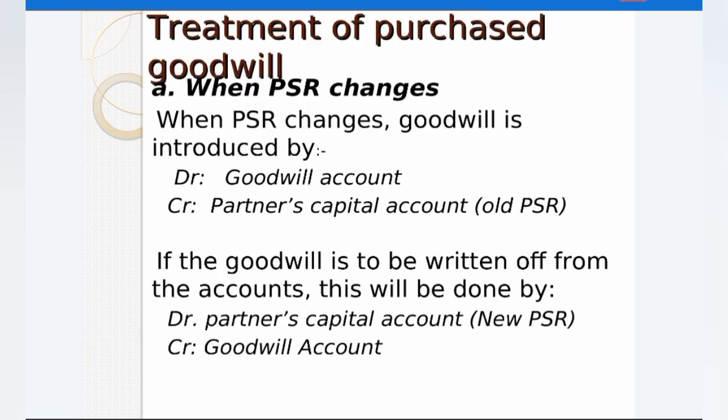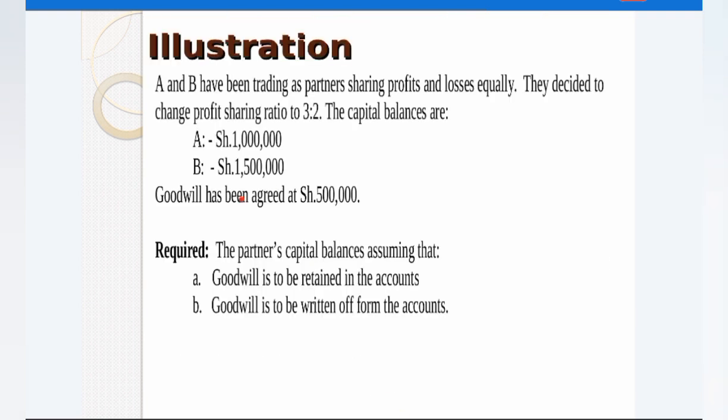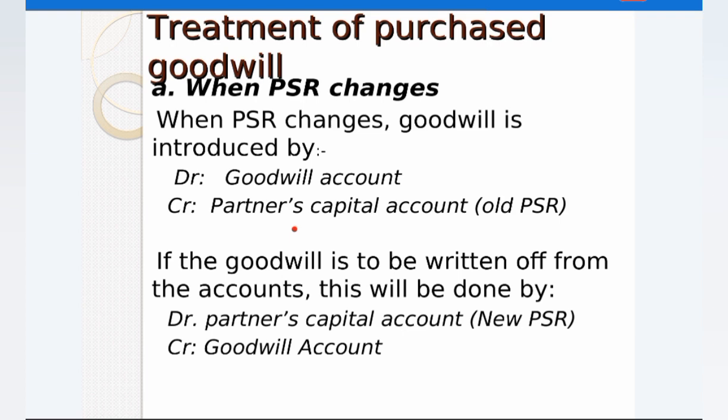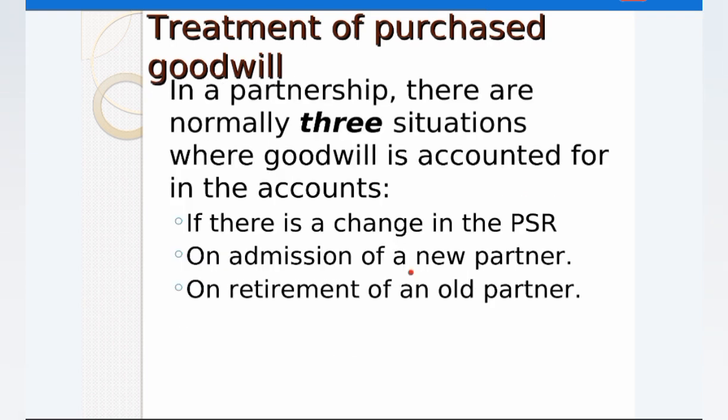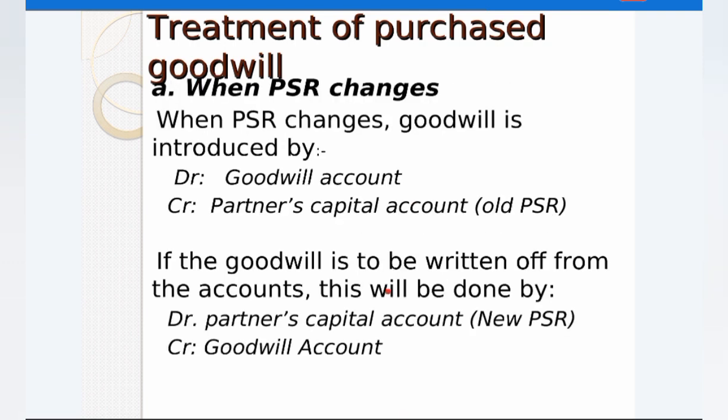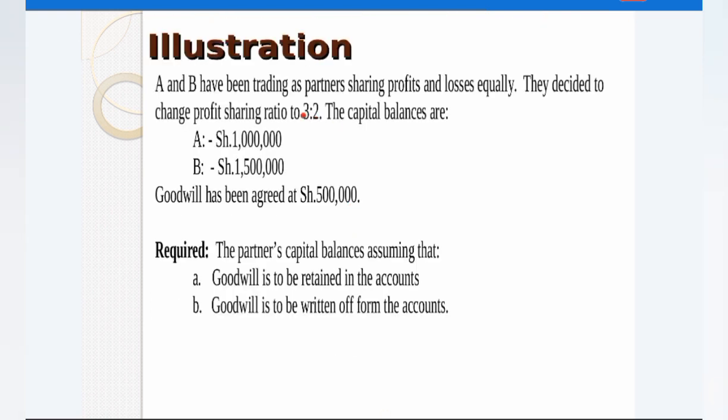So we create the goodwill account by debiting the goodwill account with 500,000, and we credit the partners' capital accounts with the goodwill, but shared in accordance with the old profit sharing ratio. And the old profit sharing ratio is equally, so 50-50.